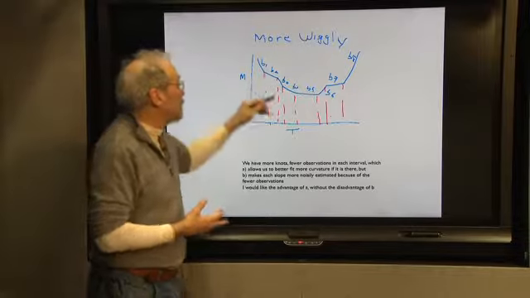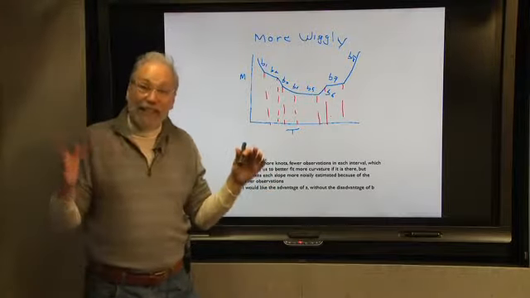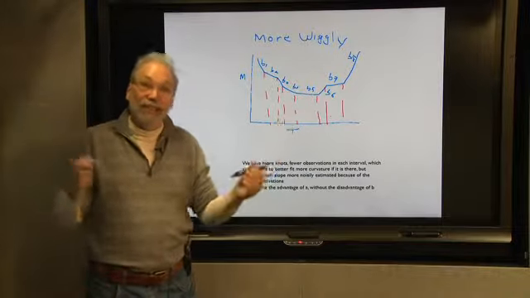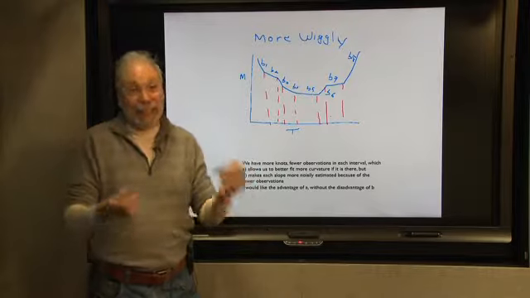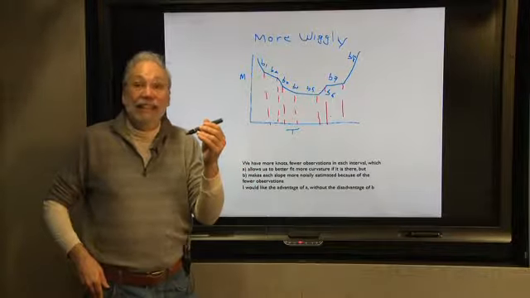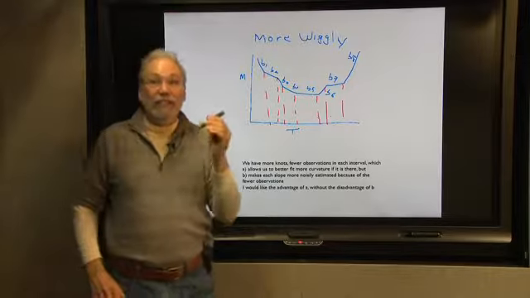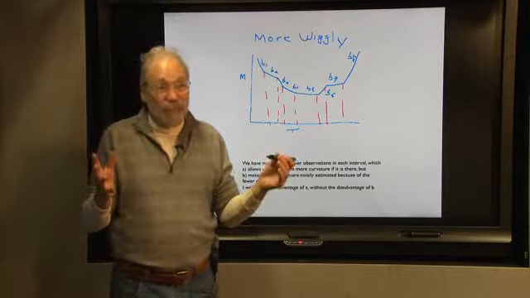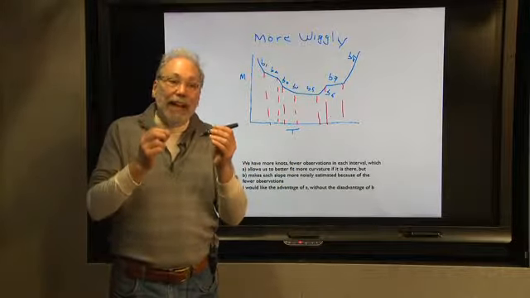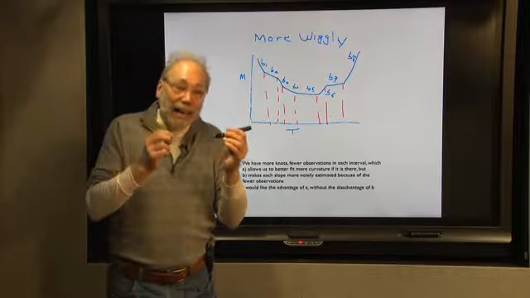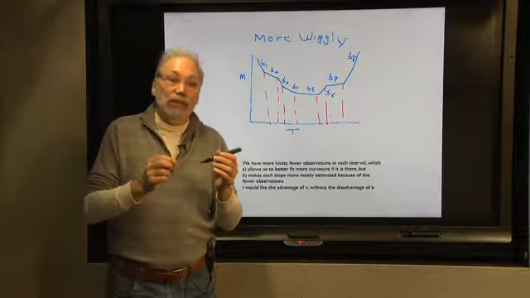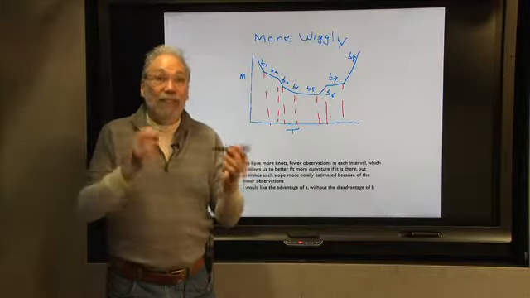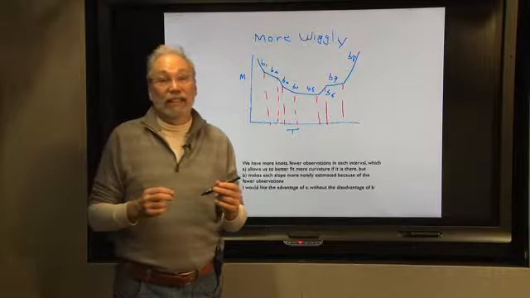On the other hand, if there's more curvature, and I divide it into more pieces, I'm going to be more faithful to that curve, provided I had enough data to estimate in each of those pieces. So I have a trade-off. If I have more pieces, which means more degrees of freedom, I have the opportunity to be more faithful to what the true curve is, but also the opportunity to have a lot of random noise making the curve wigglier than it really is.